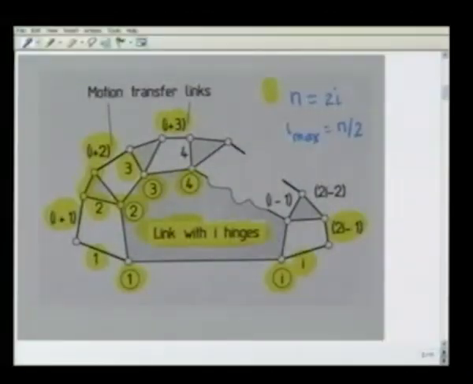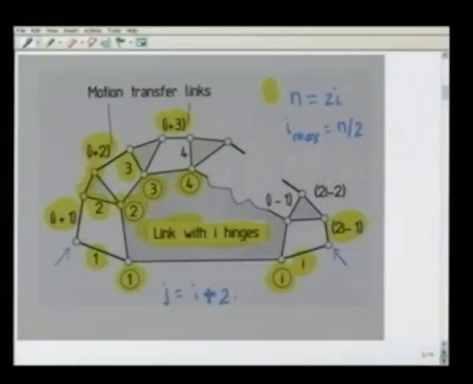For that we count n is equal to 2i. Now let me count the number of hinges j. We have started with I hinges on this initial link, so j is I plus, there is one hinge here and there is another hinge here, which is I plus 2, plus on all other links 2, 3, 4, there are 2 extra hinges because these are all ternary links.